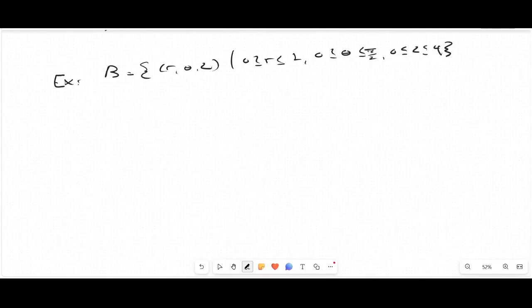And they ask us to integrate the function z r sine of theta.